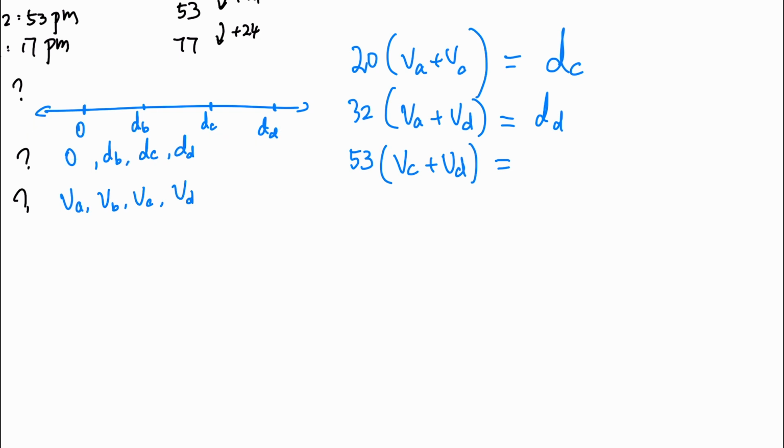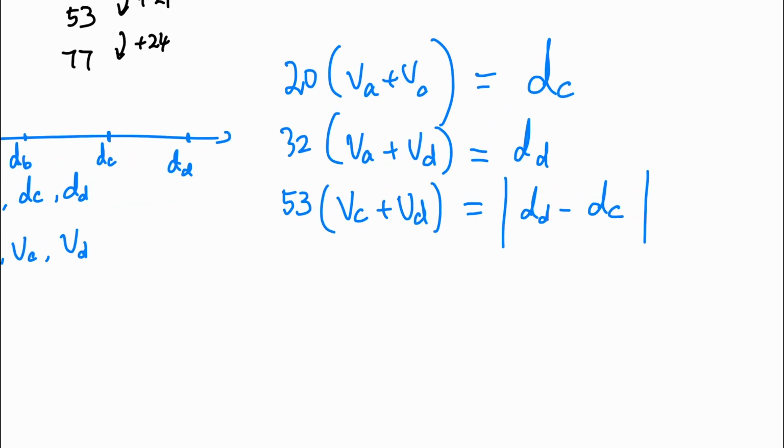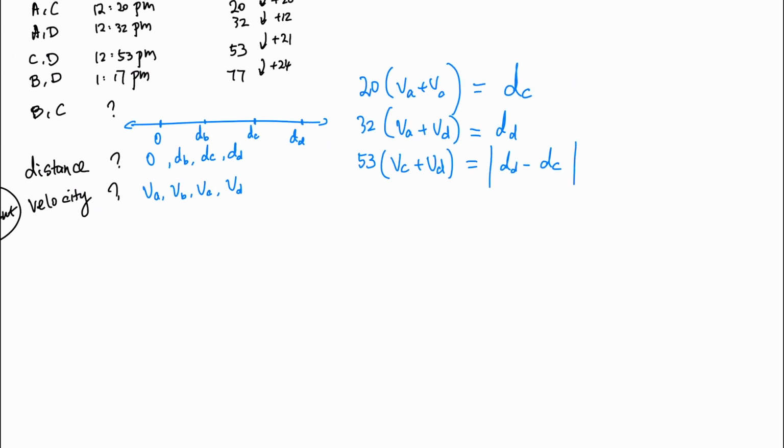We don't know if it's in this order, but we know that it's DD minus DC, and we need to put an absolute value on it. Actually, we might want to do absolute value for all of these because we don't know if the velocity is positive, but since this is the wrong way of actually solving this problem, I will just leave it like this. And the last information that we have was 77, and that is B and D. So that will be DD minus DB.